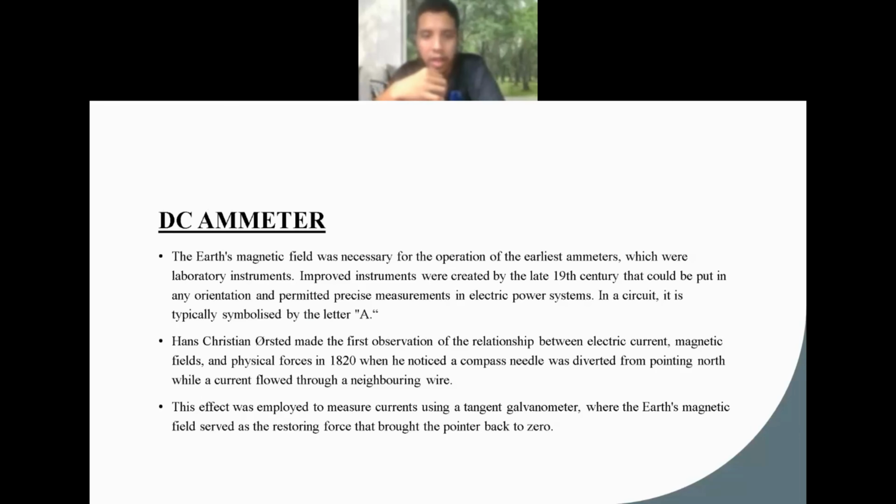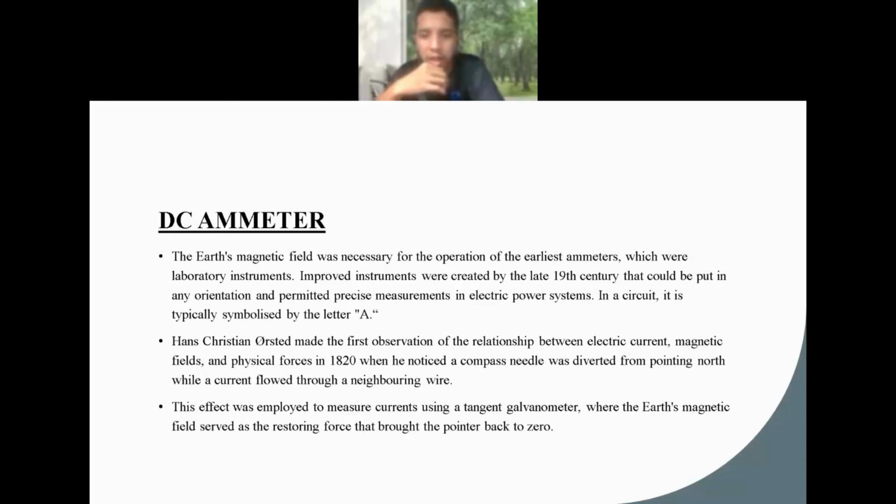DC ammeter. The Earth's magnetic field was necessary for the operation of the earliest ammeters, which were laboratory instruments. Improved instruments were created by the late 19th century that could be put in any orientation and permit precise measurements in electric power systems.